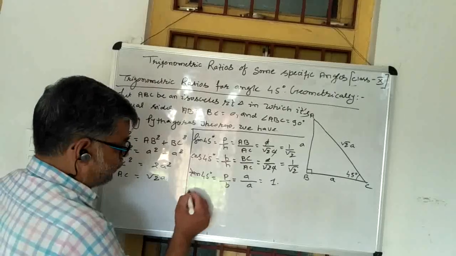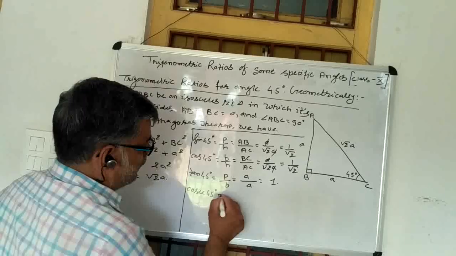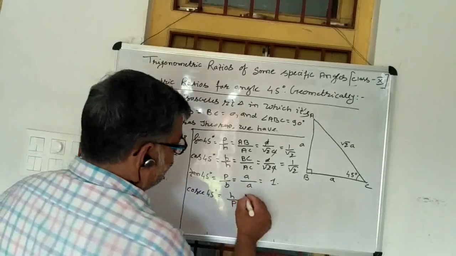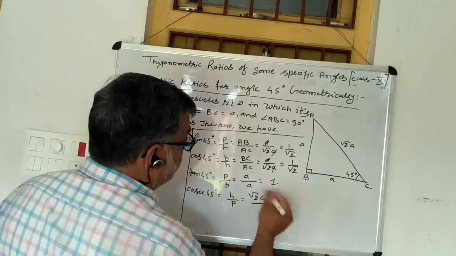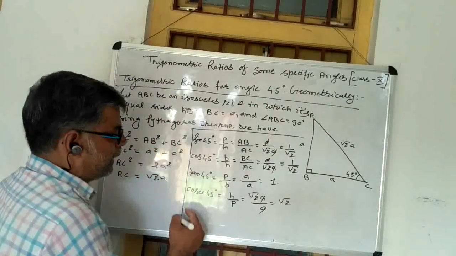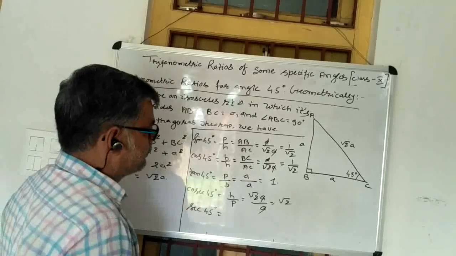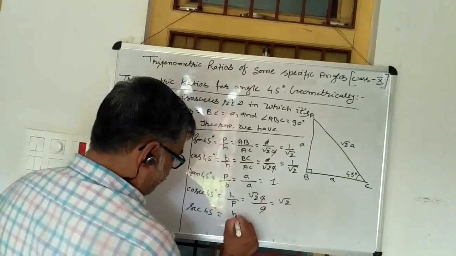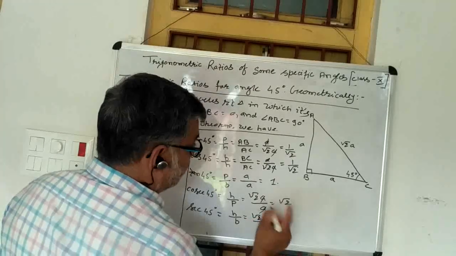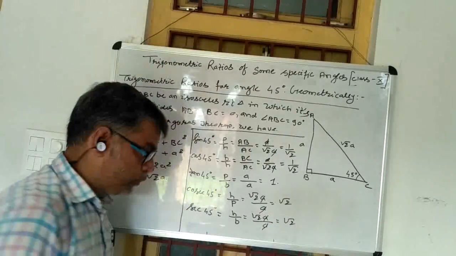Similarly cosec 45 degree equals H by P, and hypotenuse is root 2A and perpendicular is A, so it will be root 2. Similarly sec 45 degree equals H by B, H is root 2A and B is also A, so it will again get cancelled and it will be root 2.